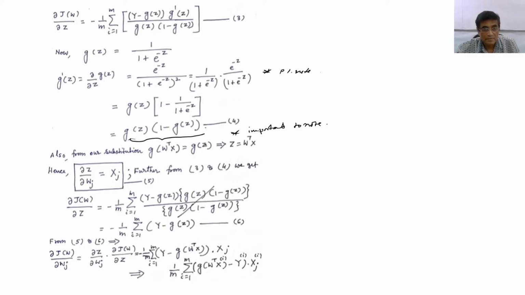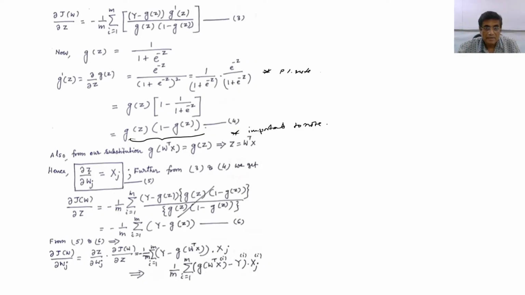Now also from our substitution, z equals w transpose x. So we can now differentiate this z function with respect to w_j, in general. Then what will happen? x_j. Very, very simple.